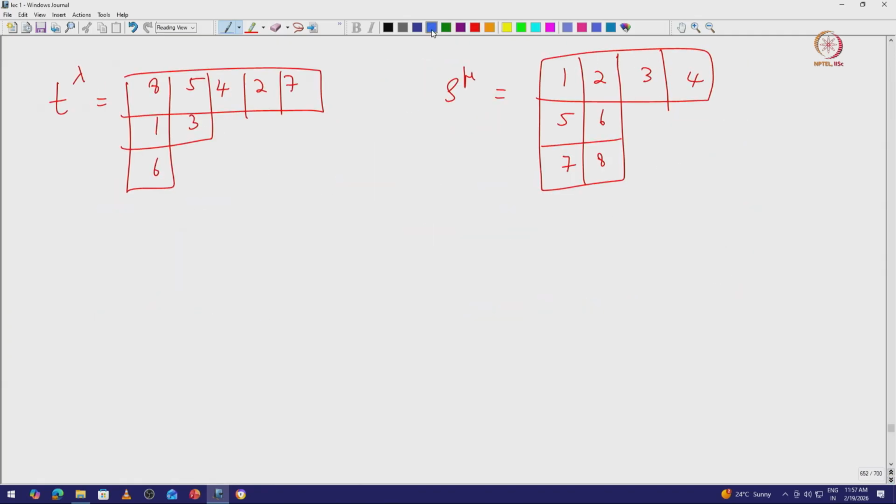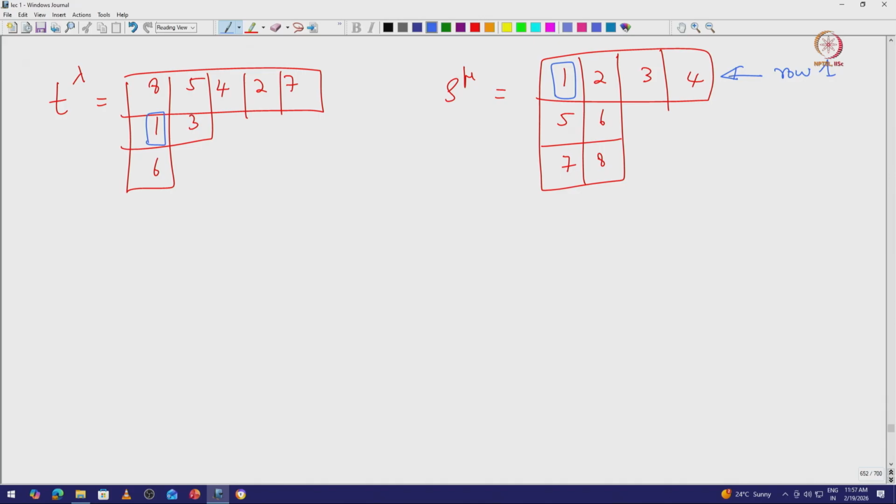So, let us look at the very first row of our S mu and choose an element there. Then identify that element here in T lambda. So, now what do we do? Since this is appearing in row 1, we need to actually move that element in T lambda to row 1.